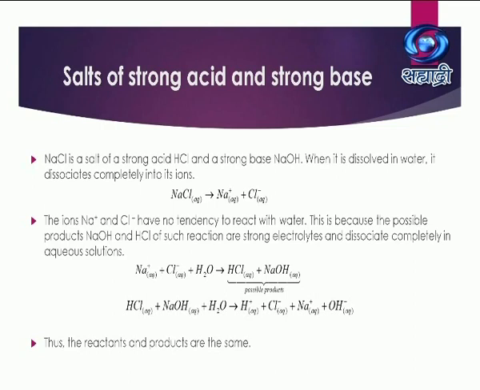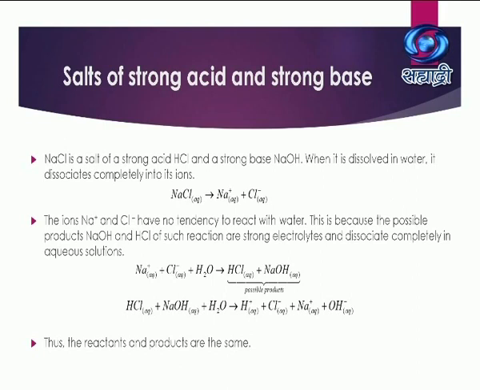So if suppose the ions Na plus and Cl minus react with water, what can happen? The equations are given. Na plus aqueous plus Cl minus aqueous plus H2O gives HCl aqueous plus NaOH aqueous. These are possible products which further dissociate completely, and in the second equation, HCl plus NaOH plus H2O reversibly gives H plus aqueous plus Cl minus aqueous plus Na plus aqueous plus OH minus aqueous.